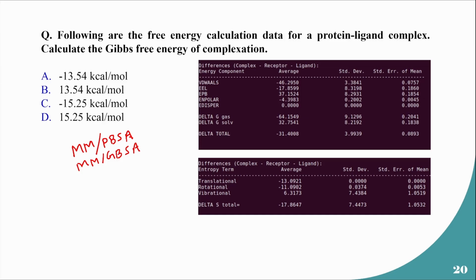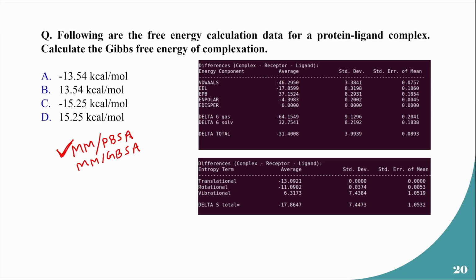MMPBSA stands for molecular mechanics Poisson Boltzmann surface area, and MMGBSA stands for molecular mechanics generalized Born surface area. GBSA is an approximation of PBSA. But in this case, we applied the MMPBSA protocol, and as the output, we have gotten this sort of results.